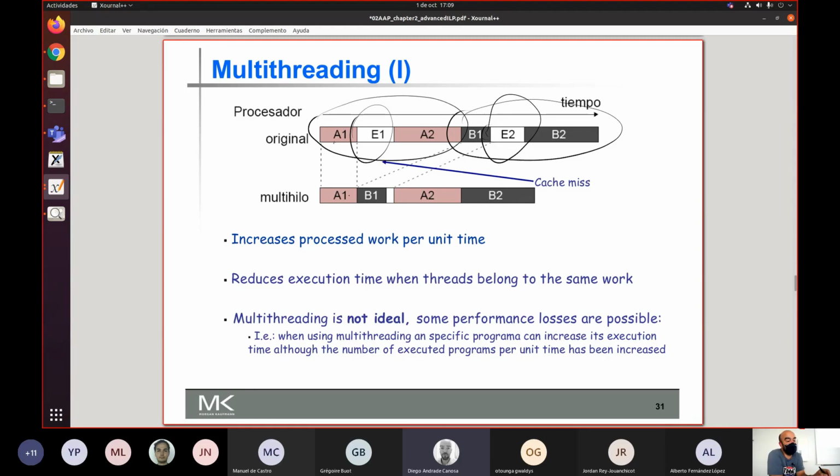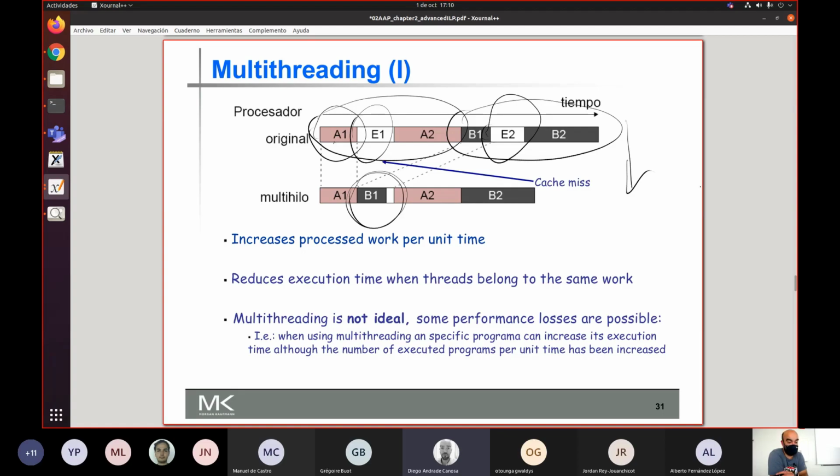So the intuitive idea is that while thread A is waiting for the memory, why don't I start the execution of instructions of another thread, B? And as you can see in this very simple example, this approach saves time.